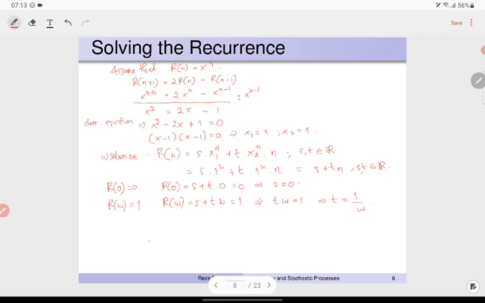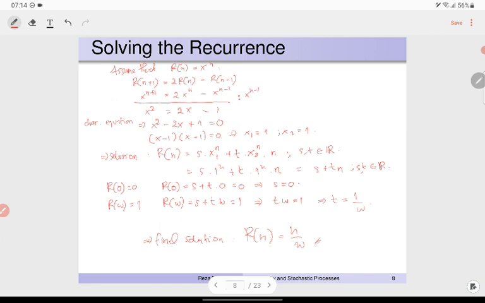So the final solution, once we find out s and t, is R_n equal to n divided by W, because s is equal to 0 and t is equal to 1 divided by W. Remember that this is the probability of absorbing to W starting from n.